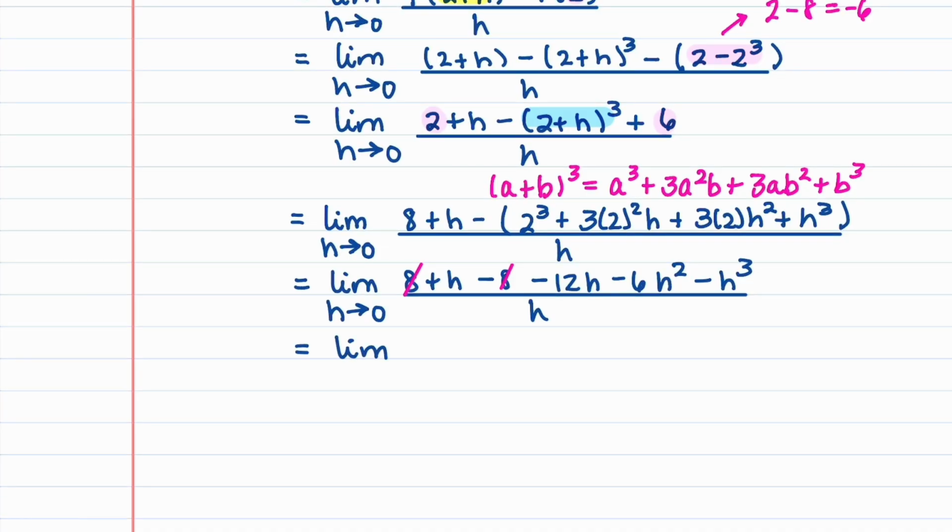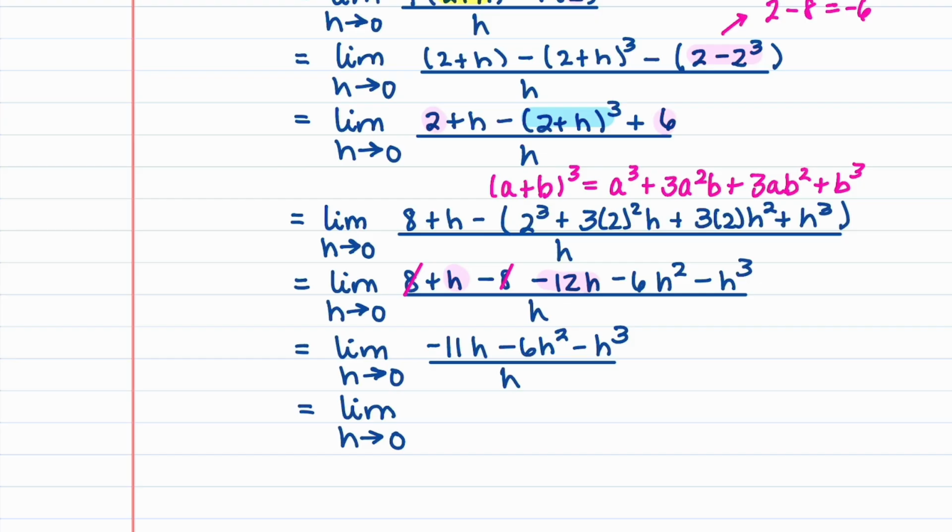We have the limit, h goes to 0. We are going to combine the h and the minus 12h. So this is minus 11h minus 6h squared minus h cubed. Hang with me, we're almost done. And we're going to divide this by h. We have an h common to all the terms in our numerator, so I am going to pull out an h, and we're left with minus 11 minus 6h minus h squared.